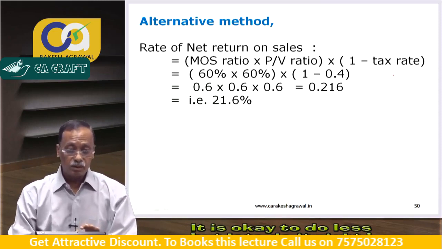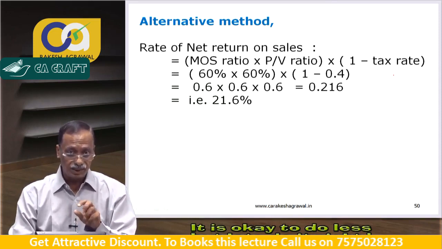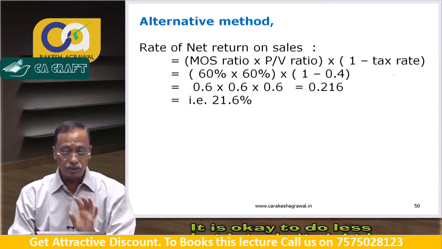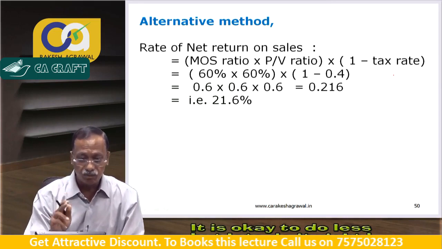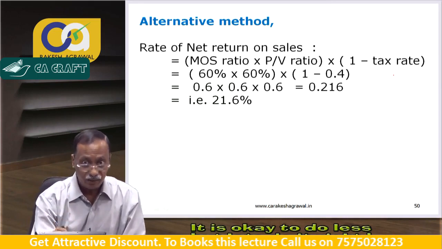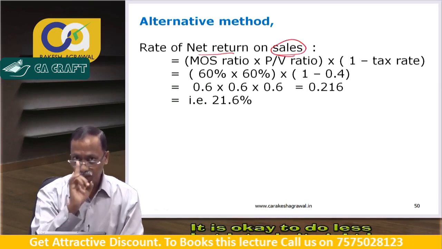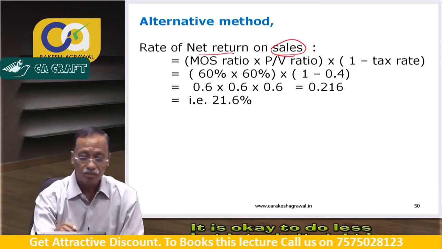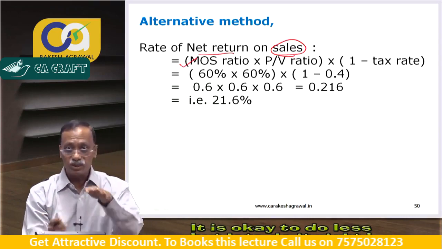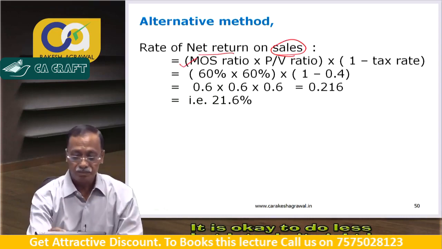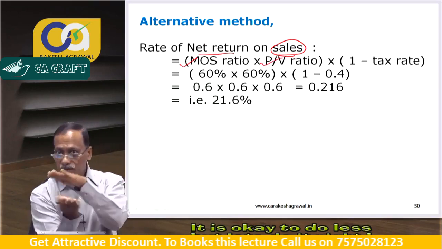Now please remember, this approach should not generally be used because it is dangerous. All these percentages can be multiplied just because of one reason. Why is this working? Let me tell you. Because you wanted the answer as net rate of return on sales, as a percentage of sales. Margin of safety ratio is expressed as a percentage of sales. PV ratio is also expressed as a percentage of sales.